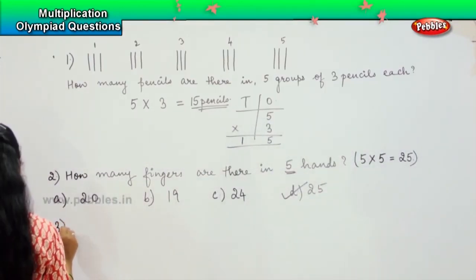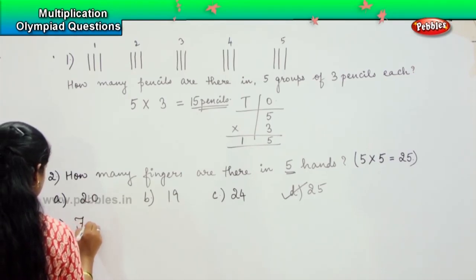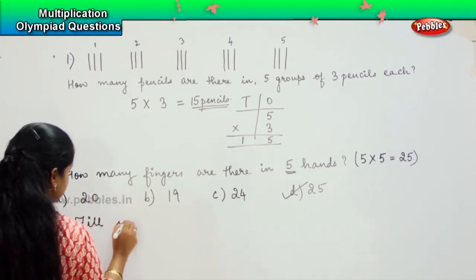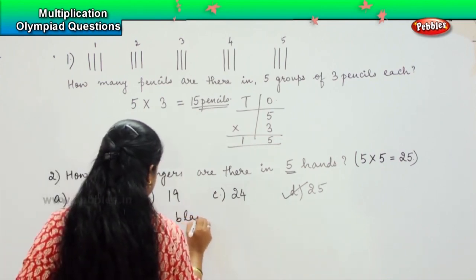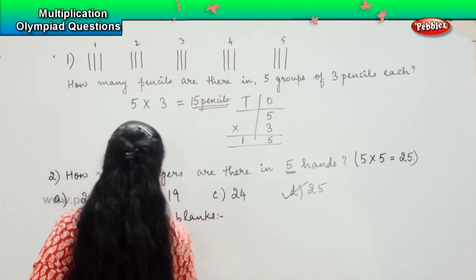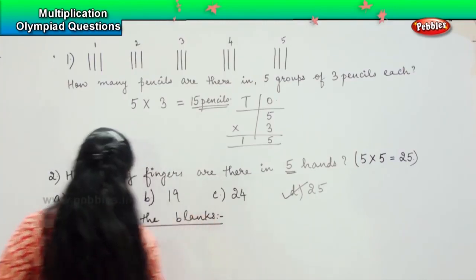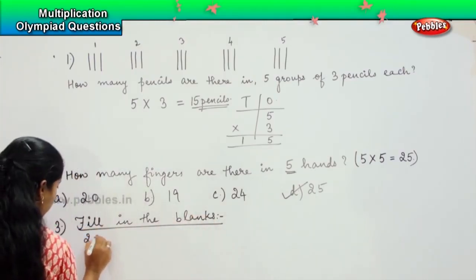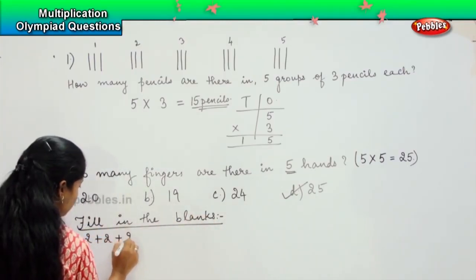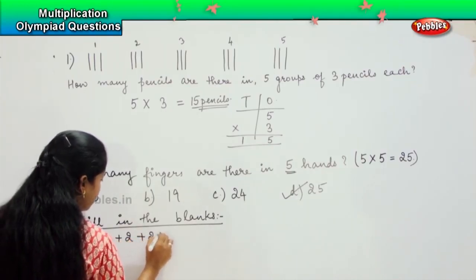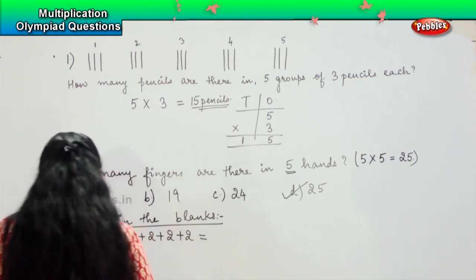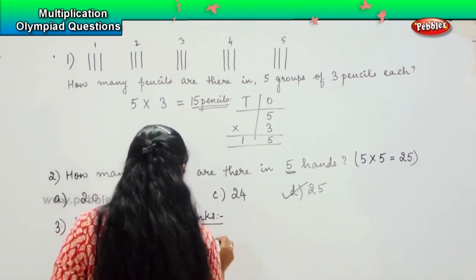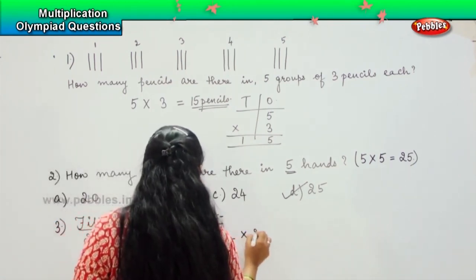Now the next question says you have to fill in the blanks. Okay? 2 plus 2 plus 2 plus 2 plus 2 plus 2 can be written as dash into 2.